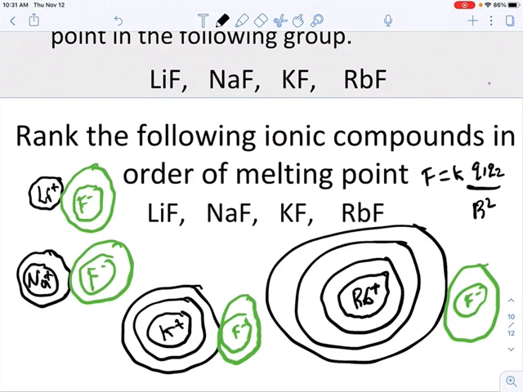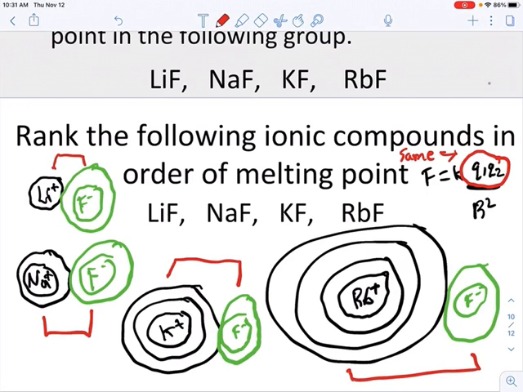So my numerator is going to be 1 times 1 in all of these examples. This will be the same for all of these examples. But my distance between my charges is getting greater as I move down the group. Lithium fluoride, those ions are smaller. They're really close together. Sodium fluoride, the distance gets a little larger. Potassium fluoride, a little larger than that. Rubidium fluoride, my distance between my charges is huge.